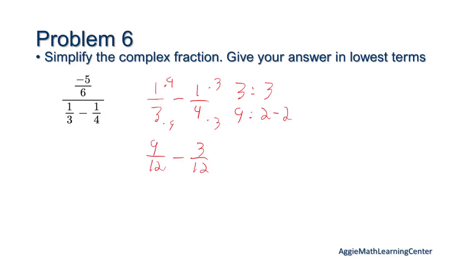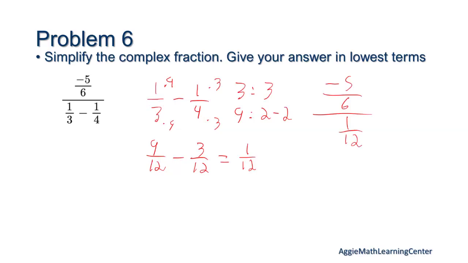Everybody following? Cool. And so 4 minus 3 gives us 1 over 12. That's in the denominator. So we can now rewrite it as negative 5 over 6 divided by 1 over 12. What do we want to do from here?